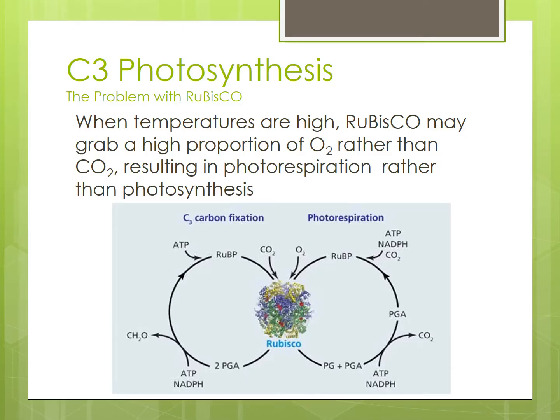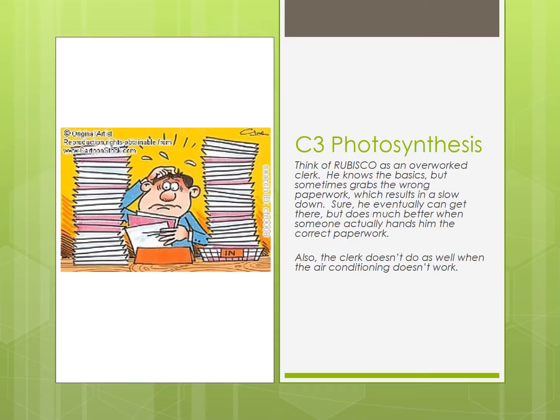Those temperatures really impact the reaction rates of Rubisco. It really, really slows it down because it forces photorespiration to occur. Now, the way I always think about photorespiration is you can think of it as like an overworked clerk, somebody who's processing paperwork. You guys have probably dealt with financial aid at some point in your life, and you probably came away not liking that experience.